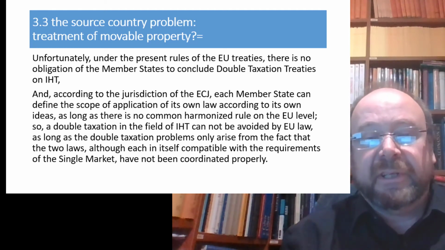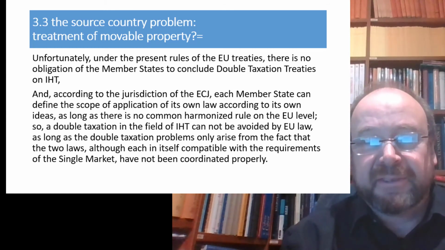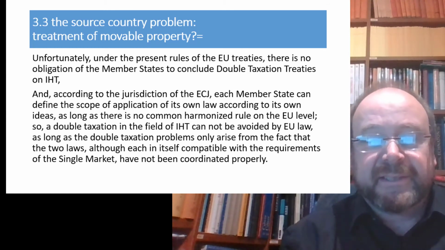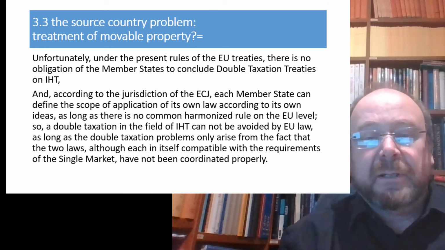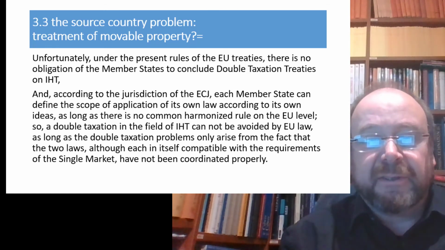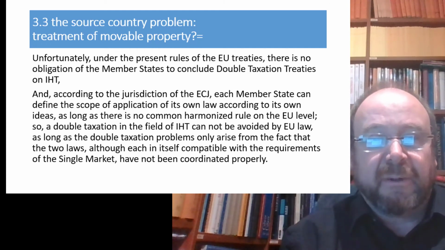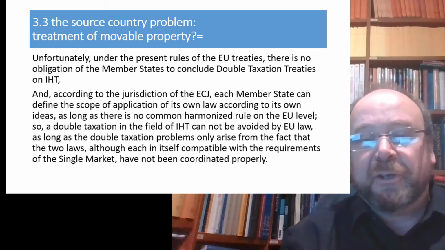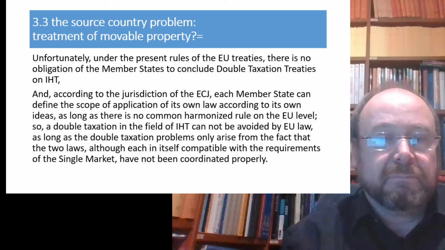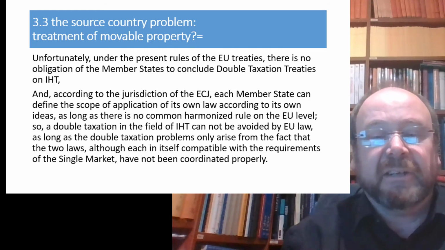And unfortunately, according to the jurisprudence of the ECJ, if each member state practices a system which makes sense, then you can't force one of the member states to back down from their taxation claim until there is a common harmonized rule or something like that on the EU level.